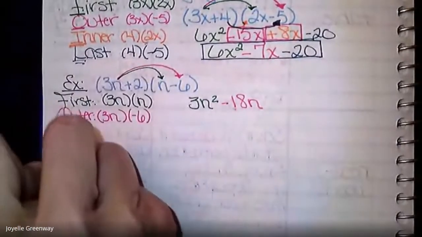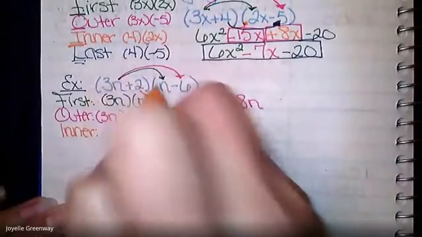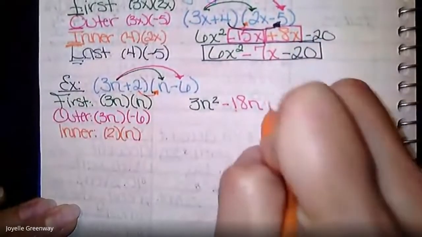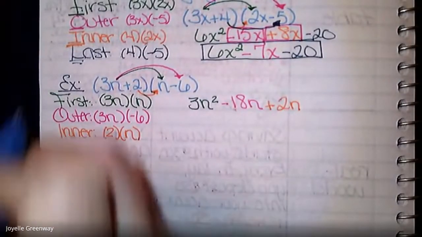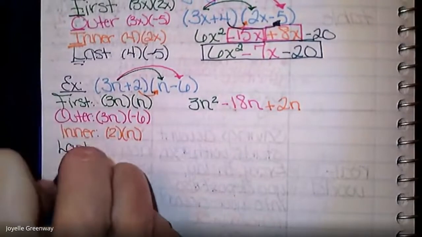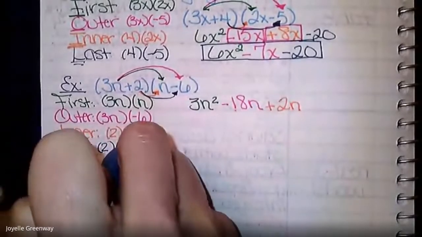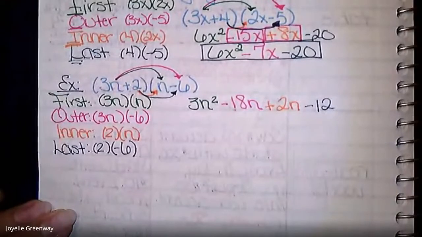Then we multiply our inner terms. So now we have 2 times n, which is positive 2n. And then we have last, which is 2 times negative 6, which is negative 12.